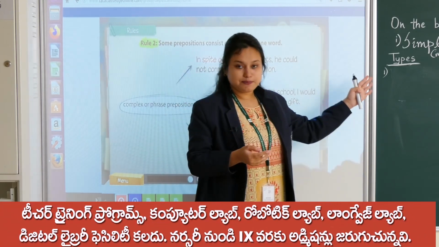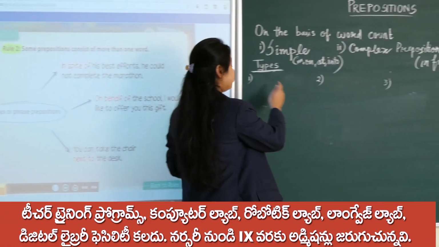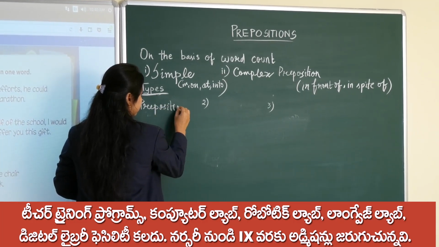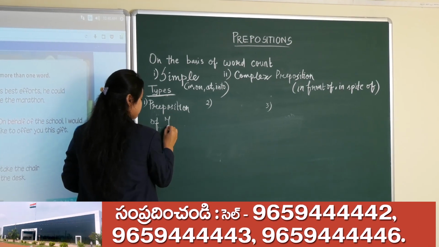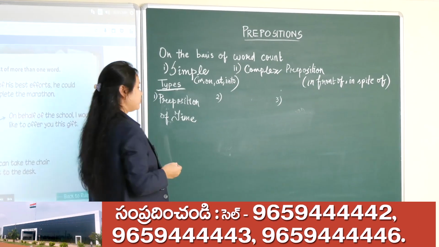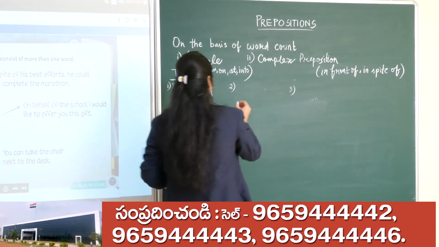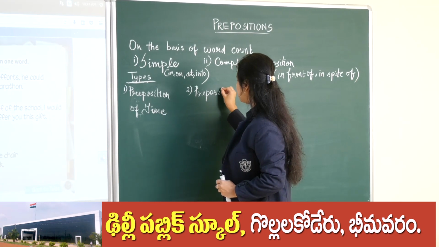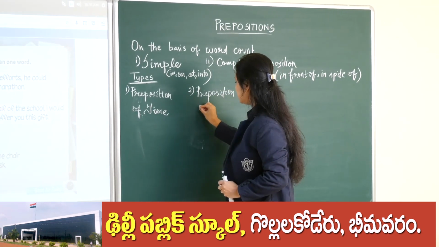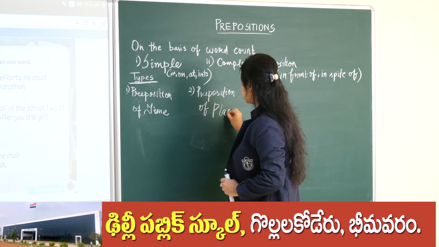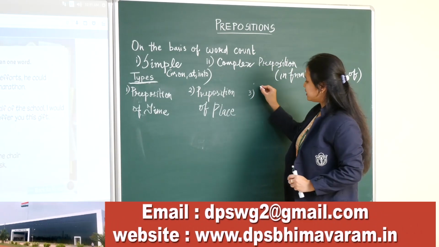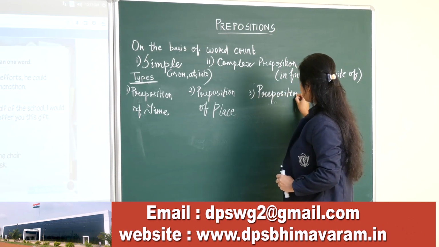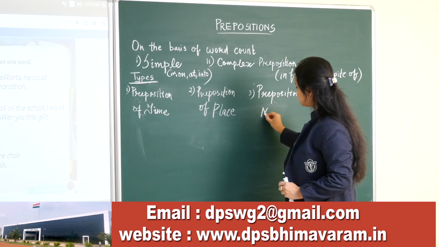So the types: first, preposition of time. Second, preposition of place. And the third, preposition of motion.